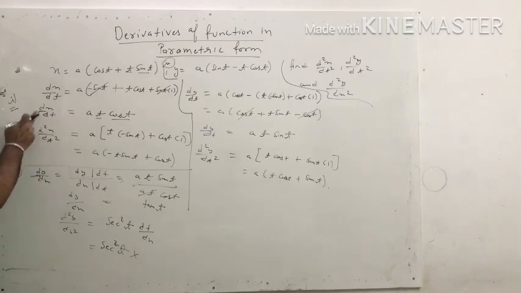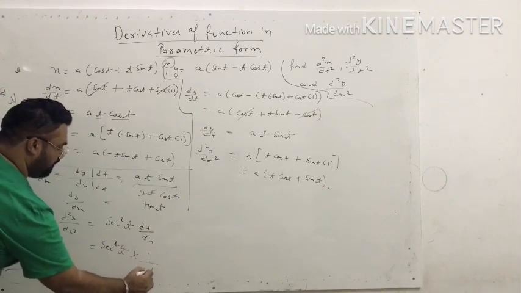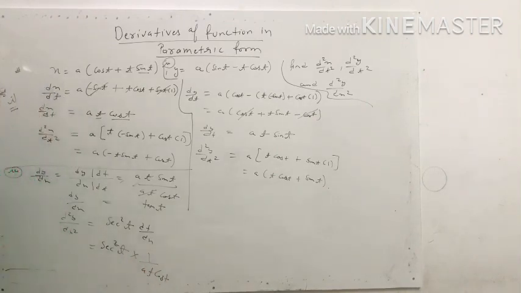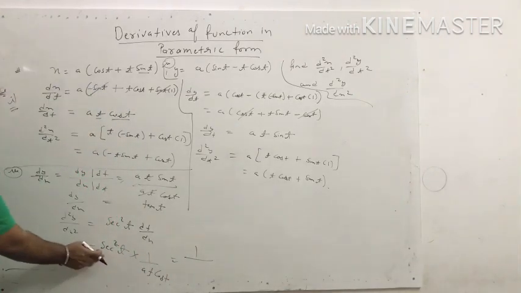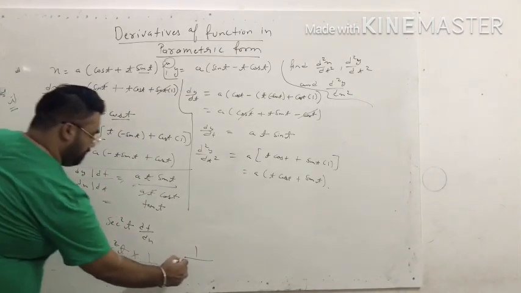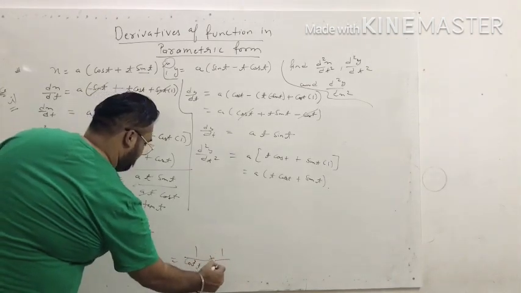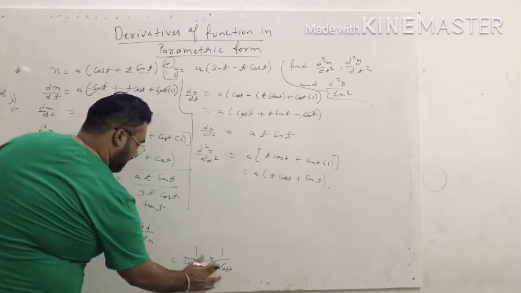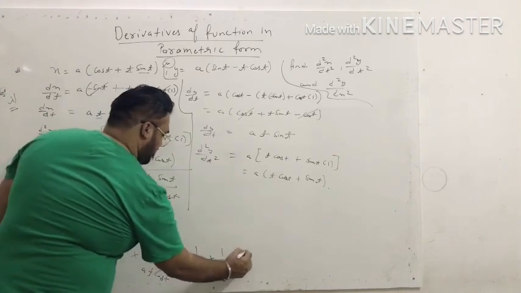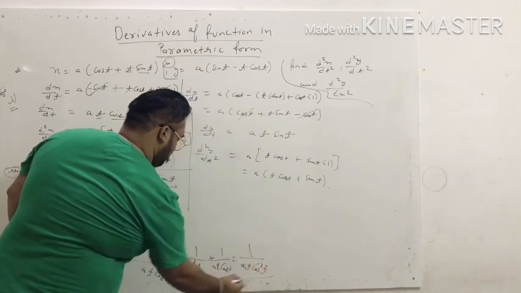We know the value of dx/dt, so dt/dx becomes 1/(a t cos t). Transform this secant square into cos square form. So 1/cos² t times 1/(a t cos t). So the final answer is 1/(a t cos³ t).